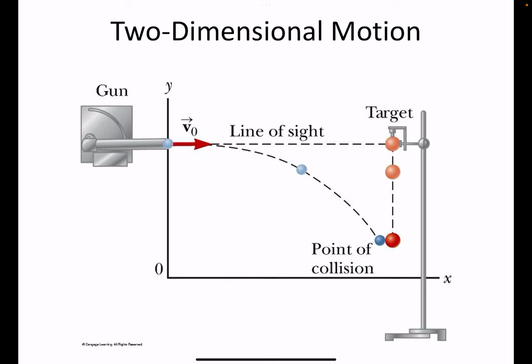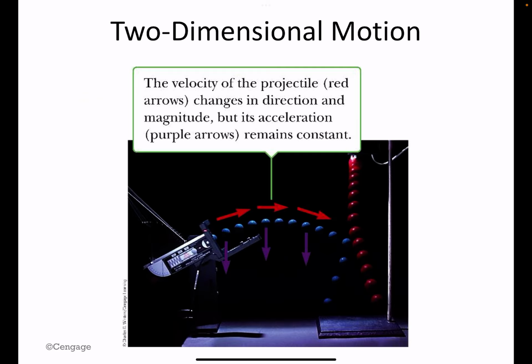That means the projectile is falling through the same vertical displacement as the target, despite its horizontal motion. Even if we adjust the target to be at an angle, this experiment also works.